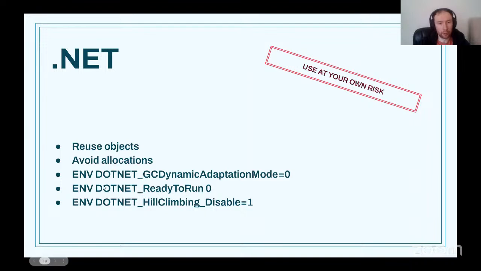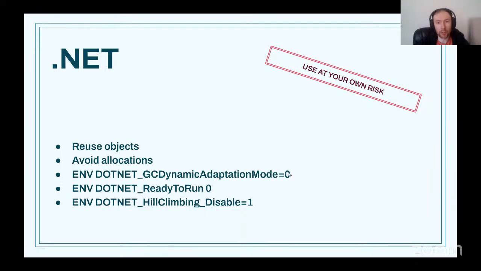Also, there are two environment modifications that I made. First one, I disabled dynamic adaptation mode. This is the mode that was introduced in .NET 8, and in .NET 9, it became enabled by default. What it does is manage the size of your heaps, managed heaps, and how the size of the heaps is dynamically adapted.